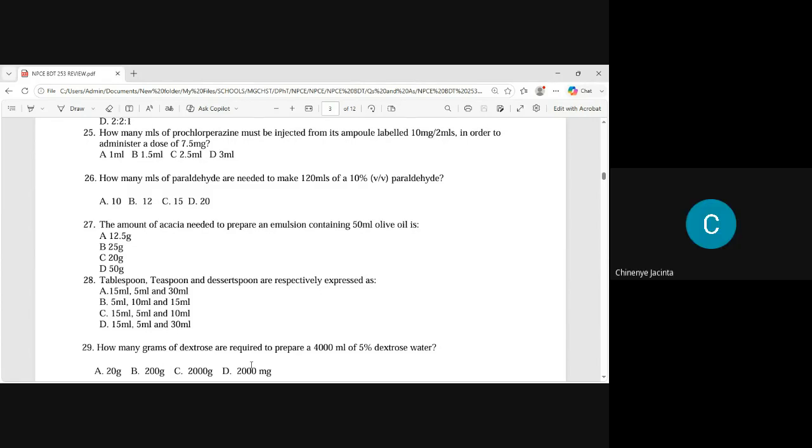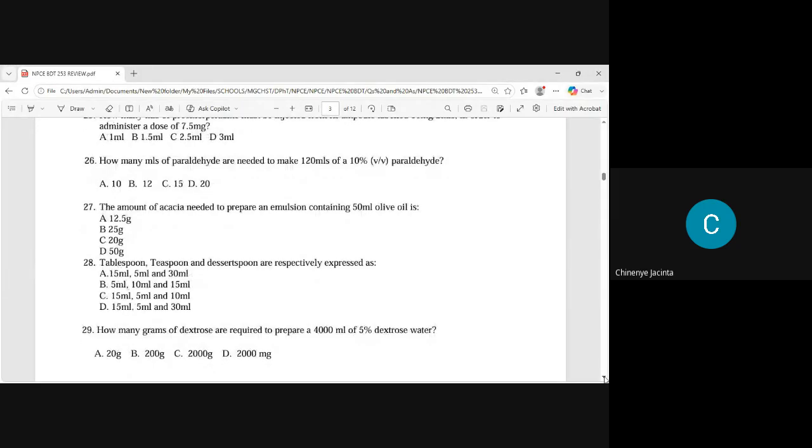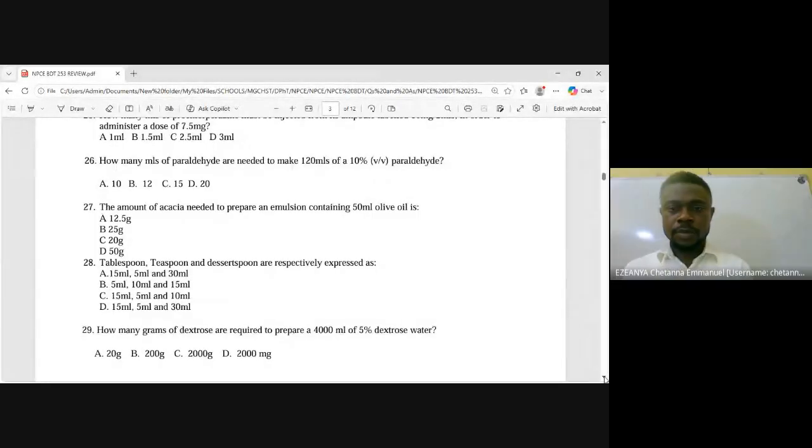How many milliliters of paraldehyde are needed to make 120 mL of a 10% volume in volume paraldehyde? Solution: 10% volume in volume means 10 mL in 100 mL.